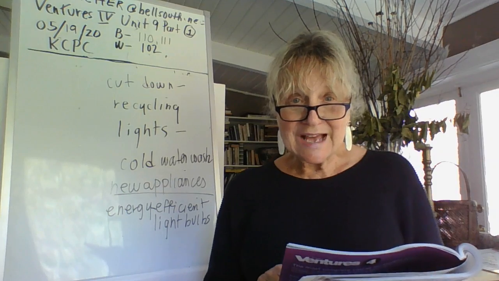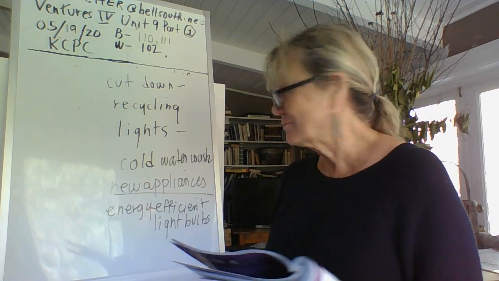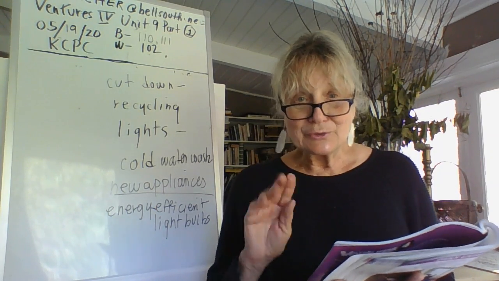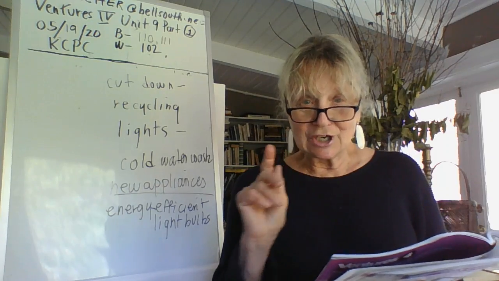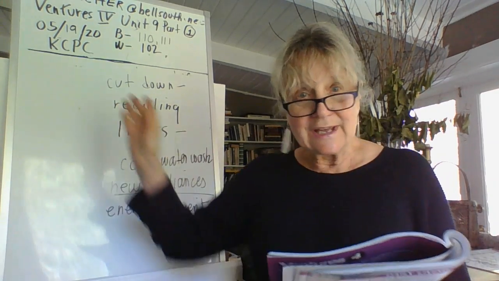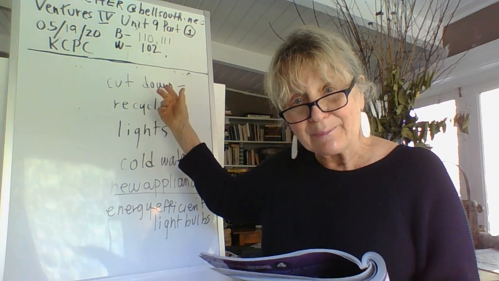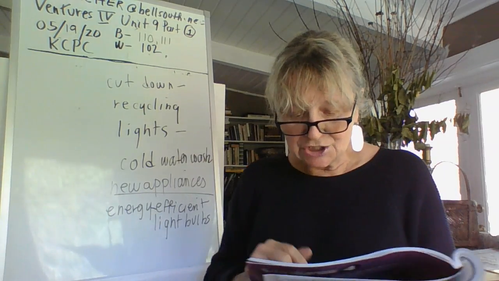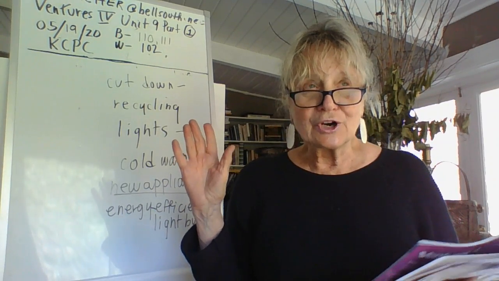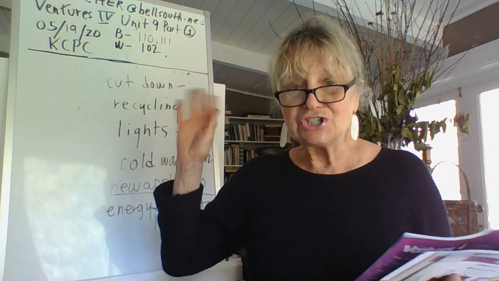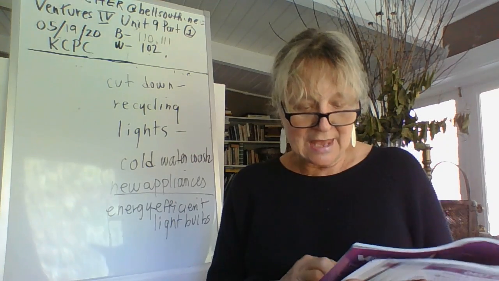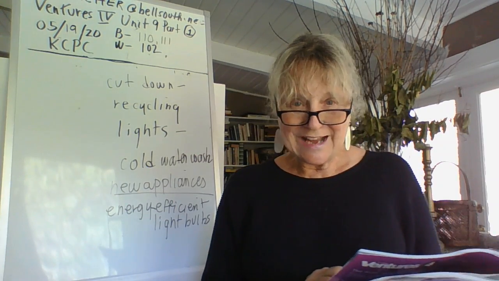Next, recycle. Notice, recycle is one word. Recycle. And if you add ing, you're going to drop the e and add ing. If a word ends in e and you're adding ing, you drop the e and add ing. Okay, next.